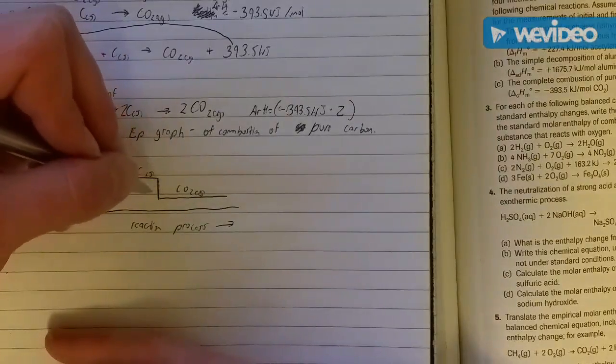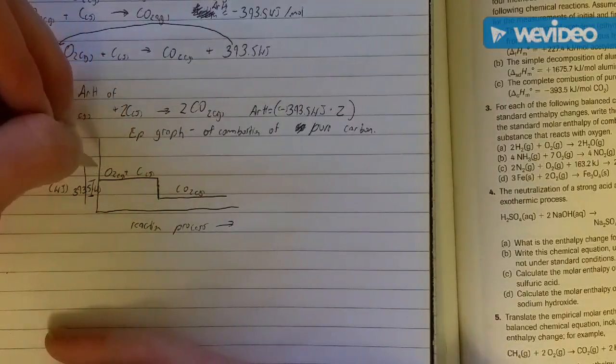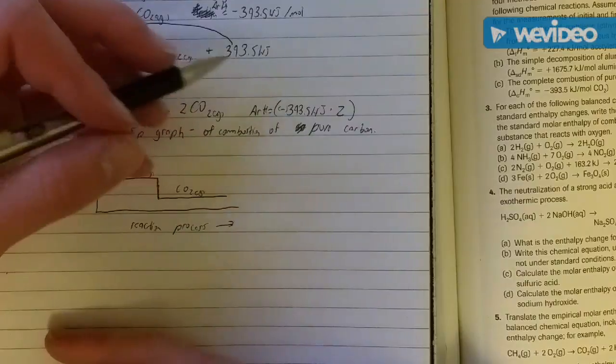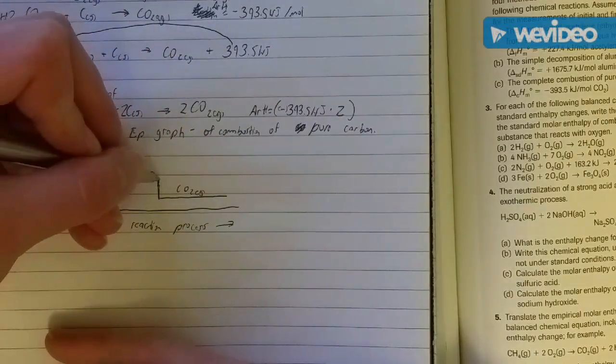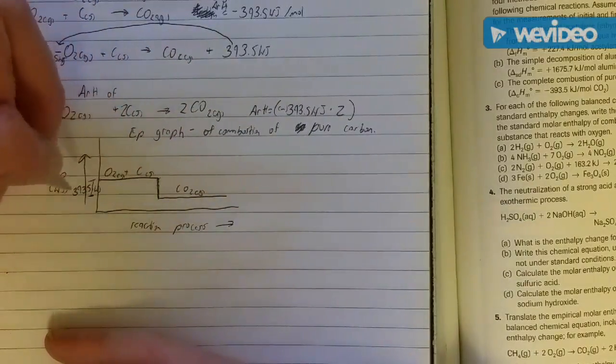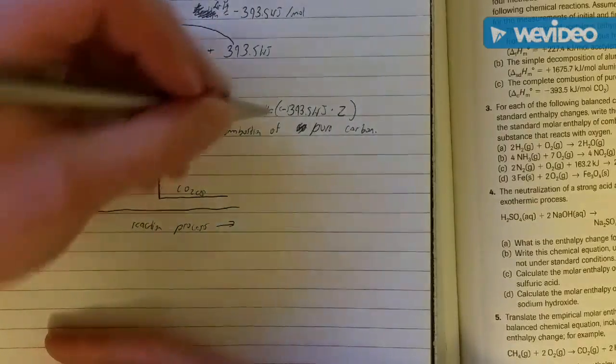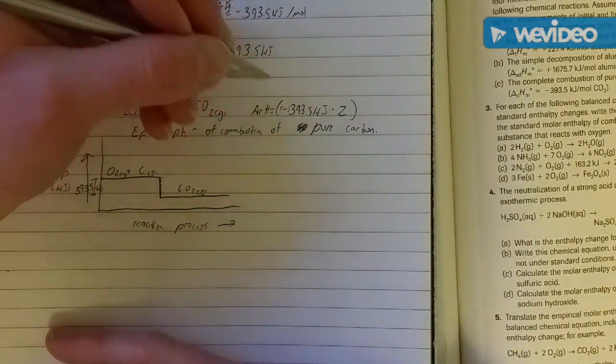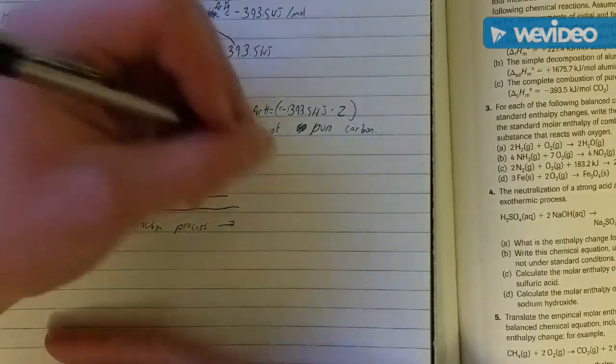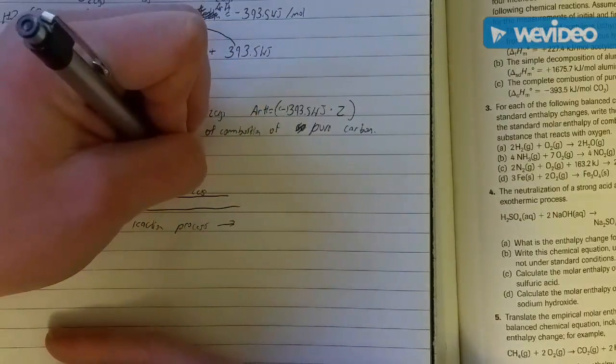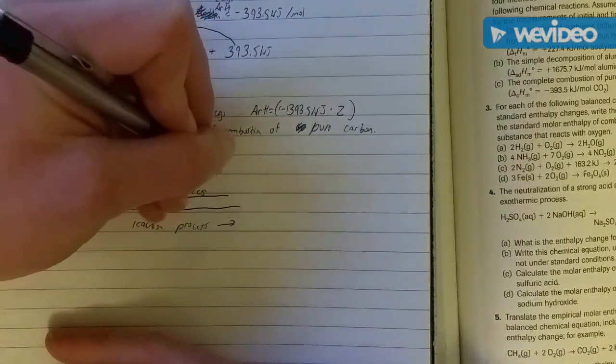The difference between our products and reactants is 393.5, and this being below shows us the negative of this reaction. So this would be considered exothermic.